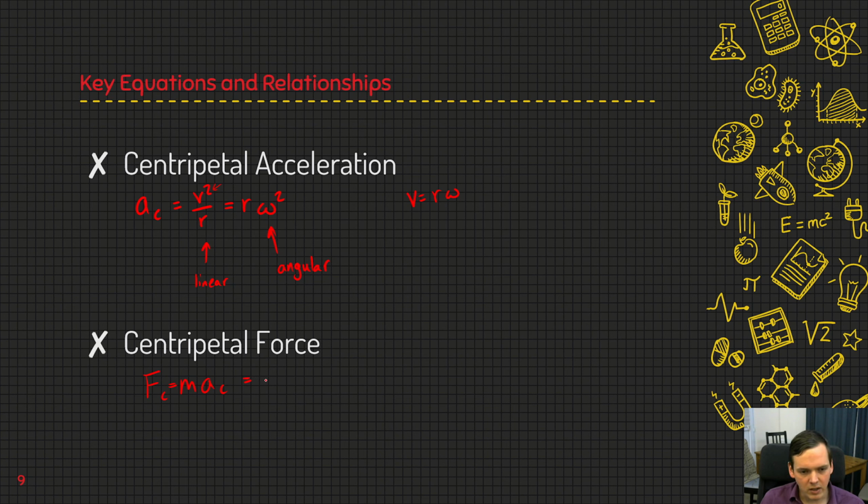In other words, that also equals m v squared over r, or m r omega squared. All of these are just different ways of looking at it. As we go on and practice with things, you'll see how these equations get used in context. If you have any questions, let me know, but otherwise, I'll see you in the next video.